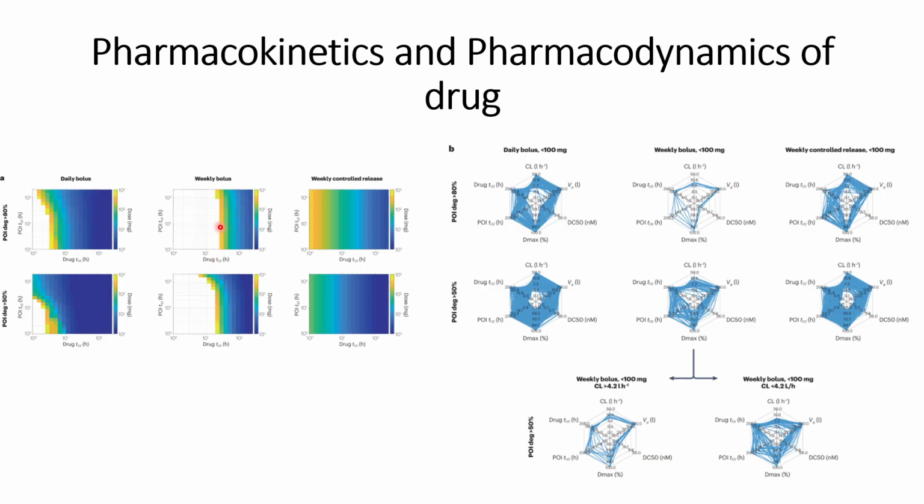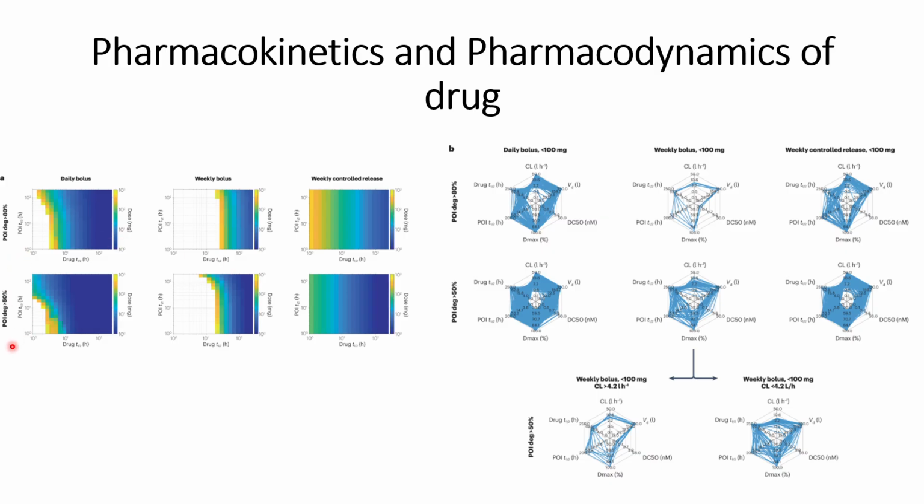This is one of the examples shown here. And here it is weekly controlled release. In that case, the drug is released in a controlled manner, so that it can last for a longer duration, and at the same time it will have good efficiency even at lower dosage. So this is how these drugs usually look.